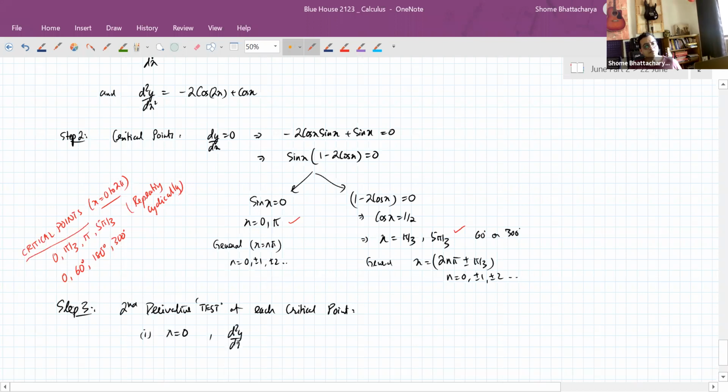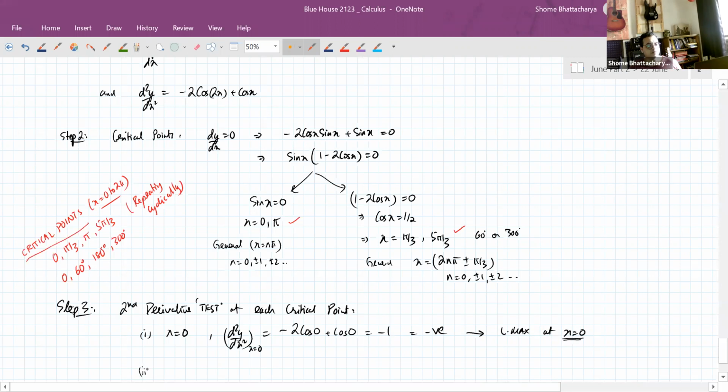Second derivative's value at x equal to 0. Now see, above I've written what the second derivative is. It is minus 2 cos 2x plus cos x. So it is minus 2 cos 0 plus cos 0. So that's minus 1. So it is negative, which means there is a local maxima at x equal to 0.